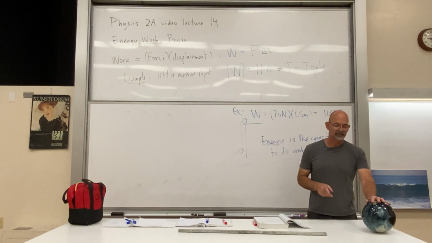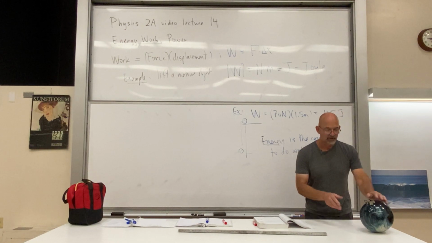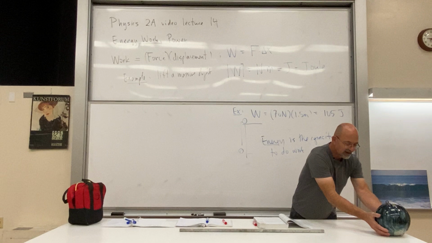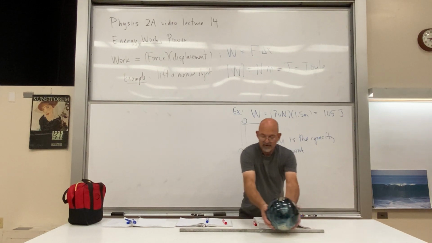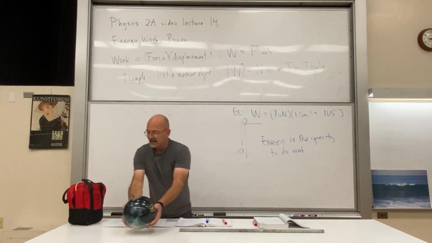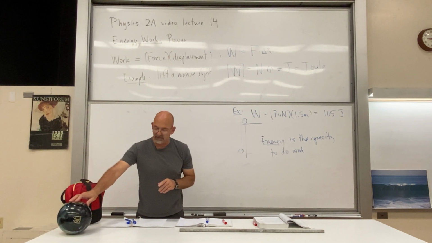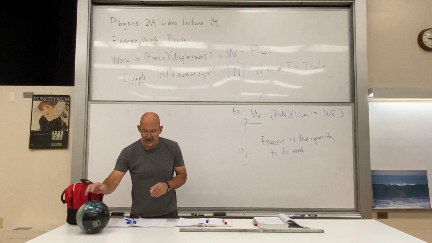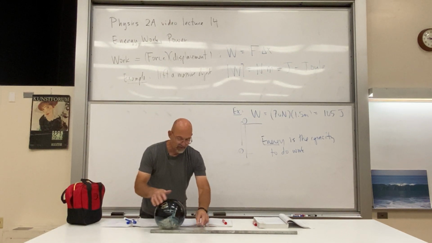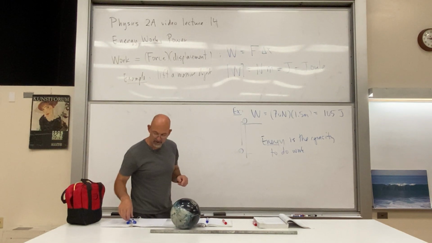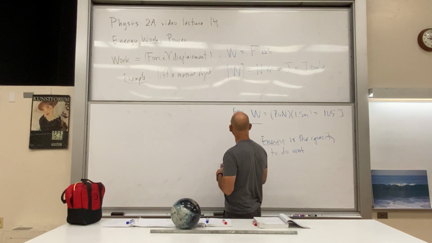Not the case. Okay. So there's a technicality in this definition. So if I just lift this thing a centimeter and carry it across, I'm straining. This is hard work, right? But no work has been done in the physical sense because the displacement and the force have to be parallel. So that's an important point here.